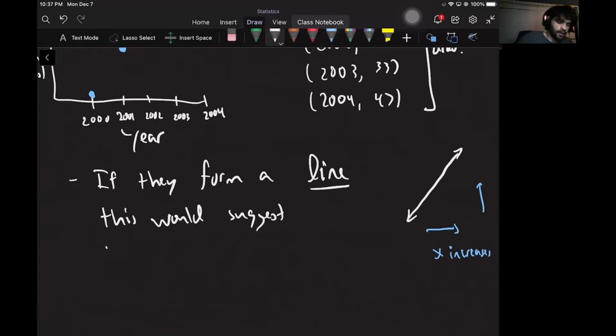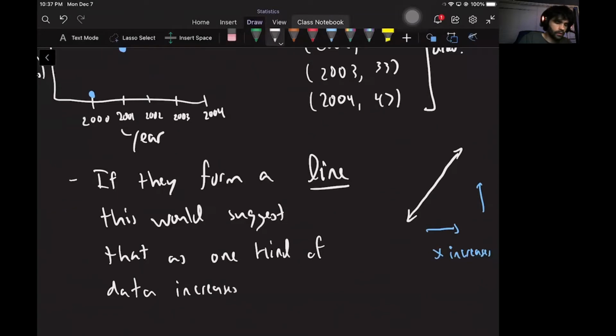This would suggest that as one kind of data increases, so does the other in a proportional way.